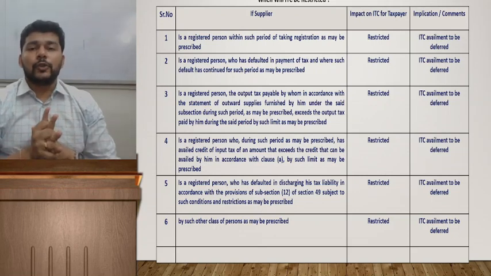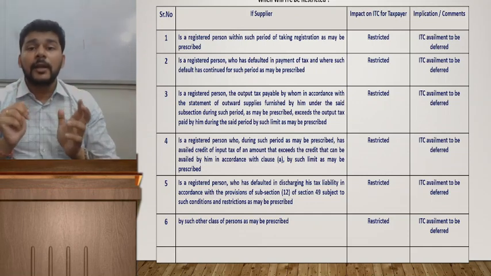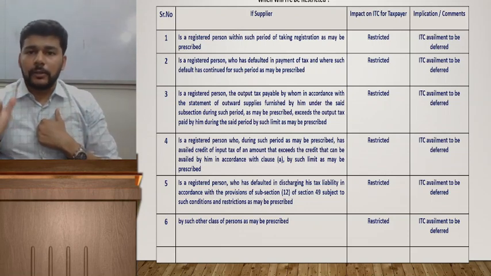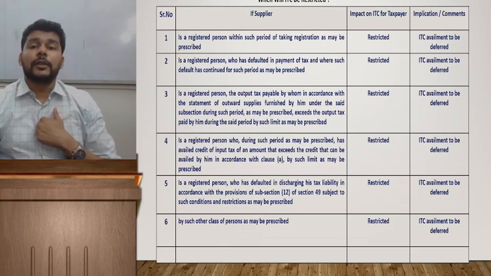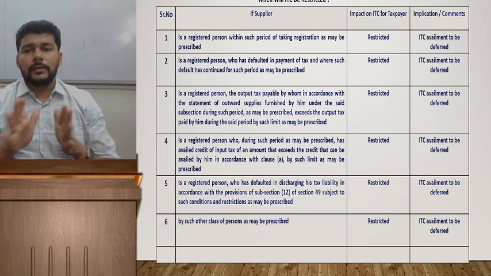In such a case also, if such a vendor has been flagged, his credit will be considered restricted, and in my GSTR-2B it will be under the restricted category, and I'll have to defer the input tax credit availment of such supplier.